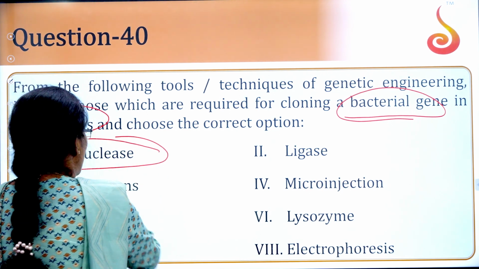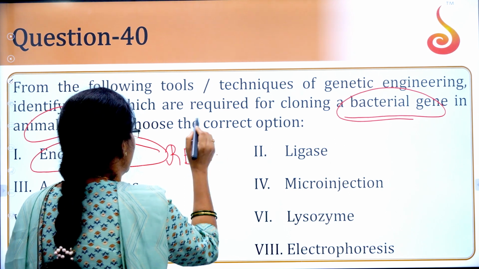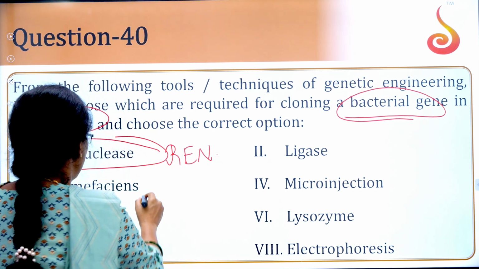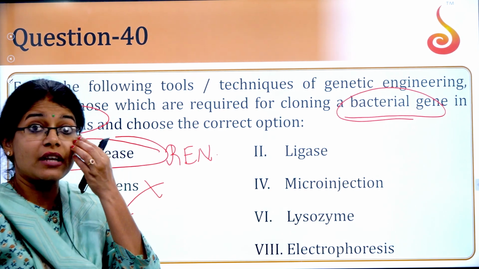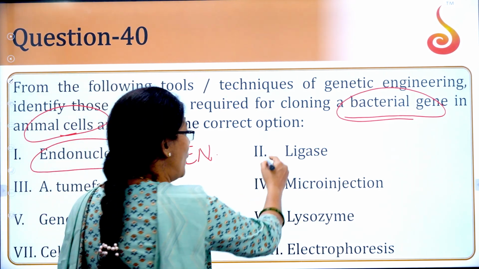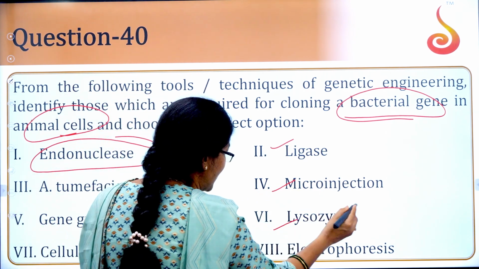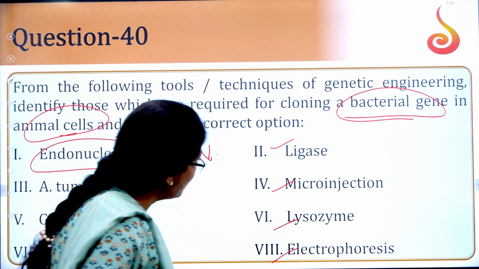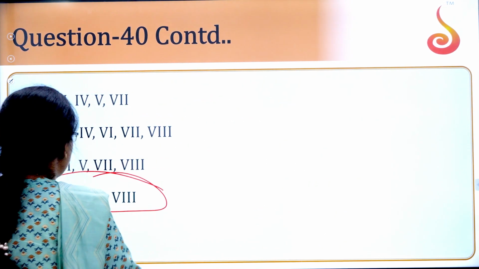You will need REN, restriction endonuclease, for cutting the DNA, that is the gene of interest. You would not require Agrobacterium tumefaciens or gene gun method or cellulase because it doesn't have a cell wall. You will require ligase for joining the DNA, microinjection and lysozyme, and also electrophoresis. So here if you see, all these are found in option D, right?